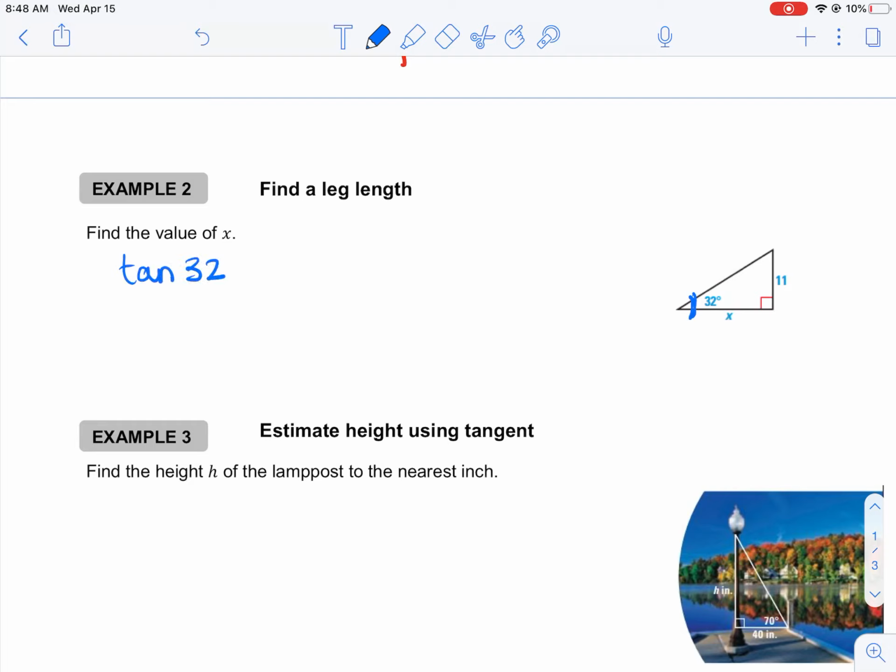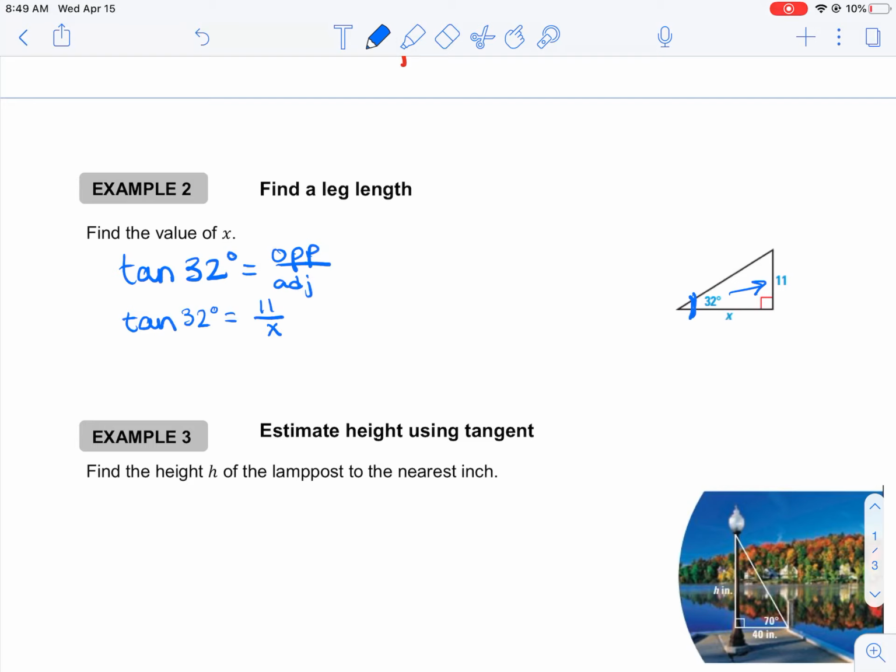We're going to say tangent of 32 degrees. Okay, tangent of 32 degrees equals opposite over adjacent. And then we're going to fill in what we know. So tangent of 32 degrees equals, our opposite here is 11 over x.